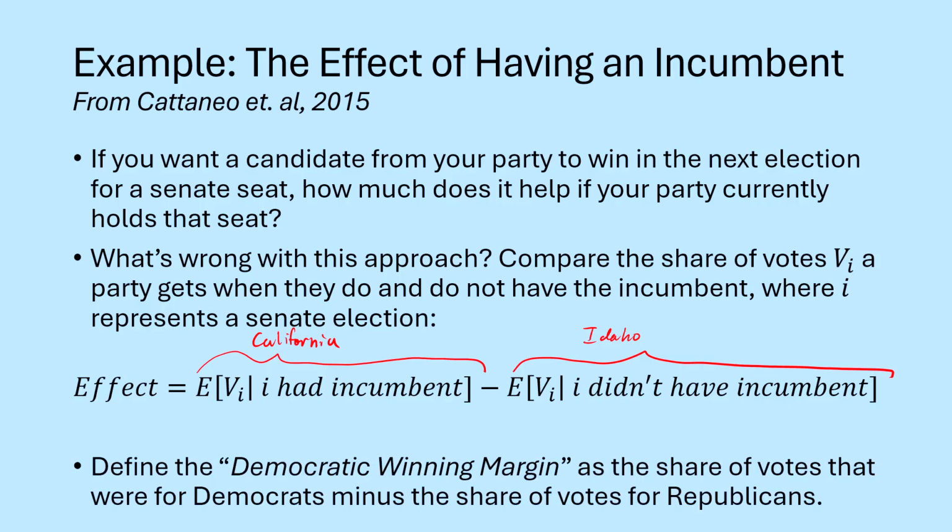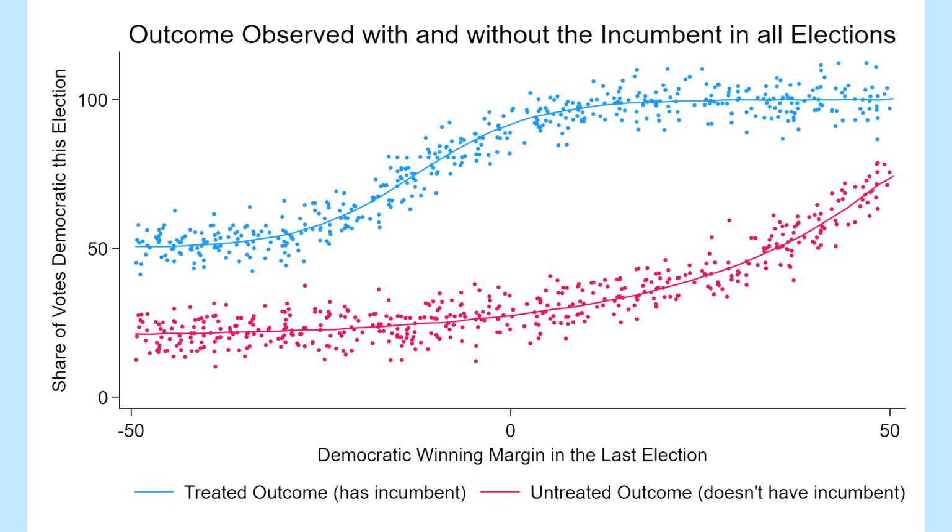To break this down, we're going to define for the next slide the Democratic winning margin as the share of votes that were for Democrats minus the share of votes that were for Republicans. So on the next slide, you can see that. The Democratic winning margin is right here along the x-axis. This is the share of votes that were for Democrats minus the share of votes that were for Republicans.